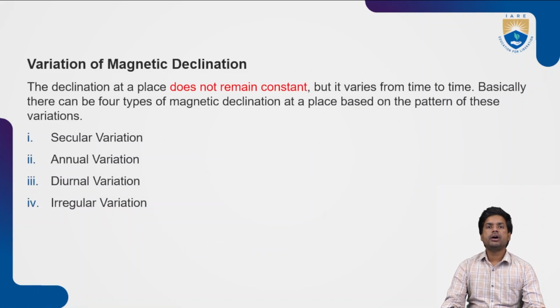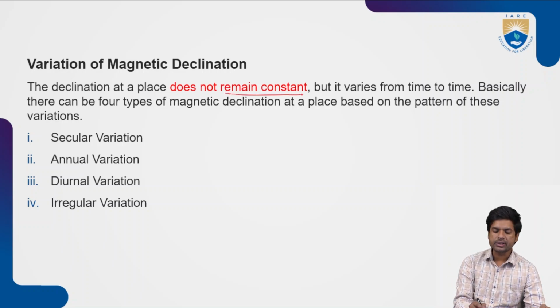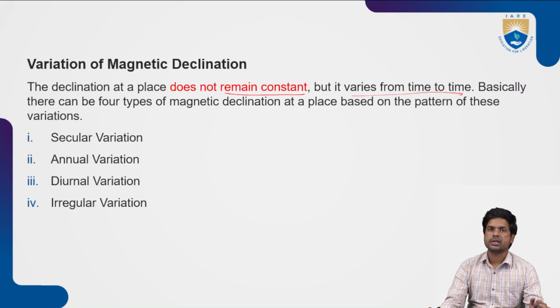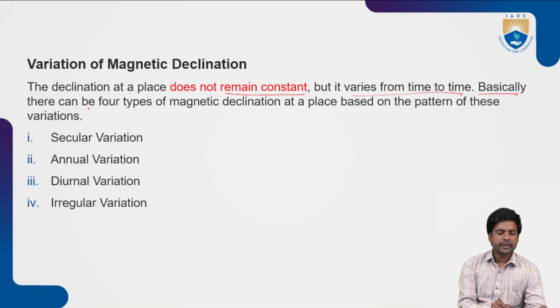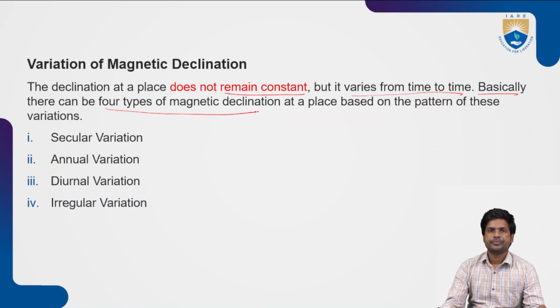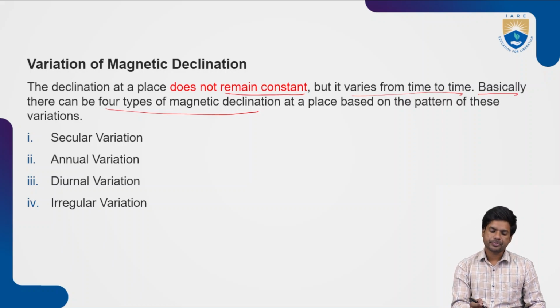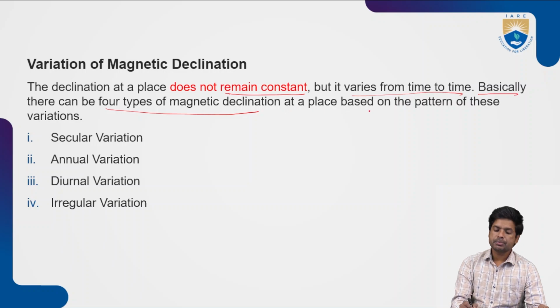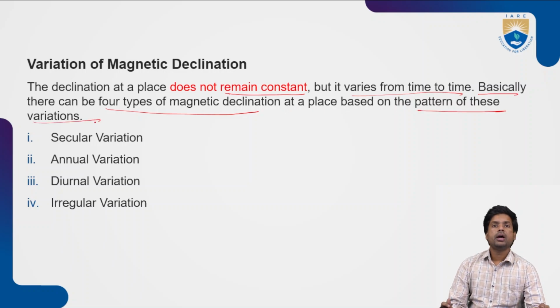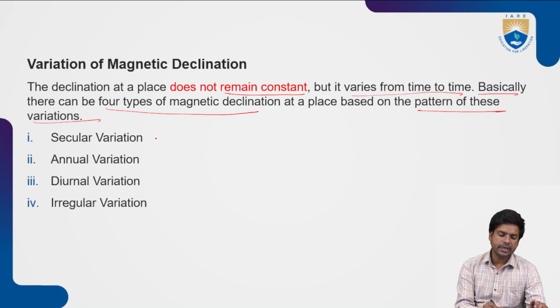Now coming to the variation of magnetic declination. The declination at a place does not remain constant, but varies from time to time. That is why there can be 4 types of magnetic declinations, classified at a place based upon the pattern of variation, that is, how the variation occurs and how it changes.